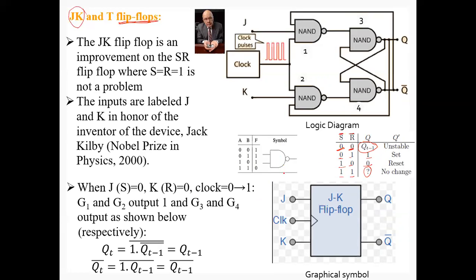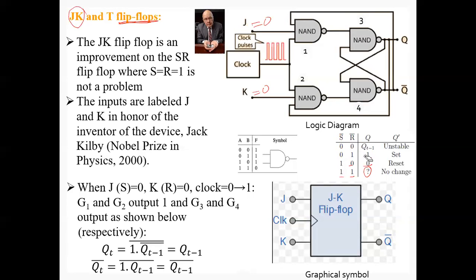Now, let's see how this works. Now, let me begin with S equals 0, R equals 0 in the case of the JK flip-flop. In other words, J equals 0, K equals 0, right? Okay, so this J is 0, this K is 0.